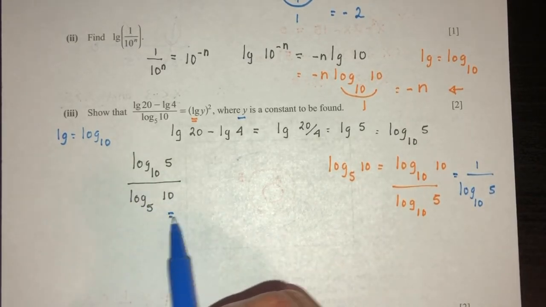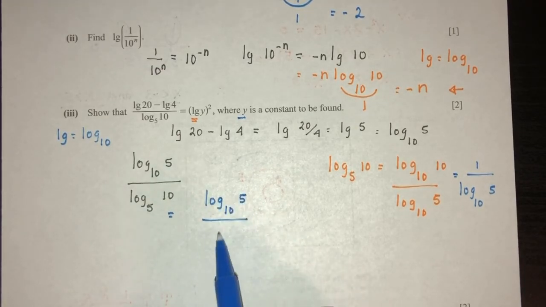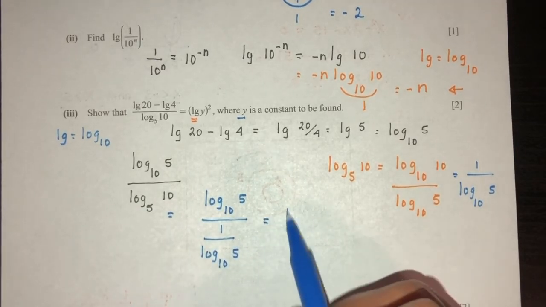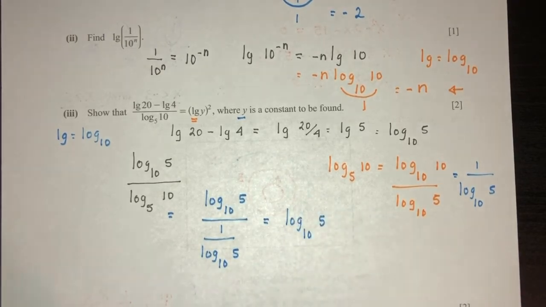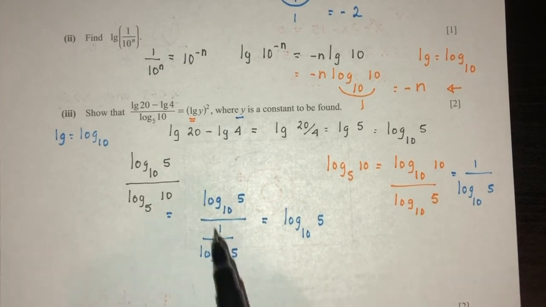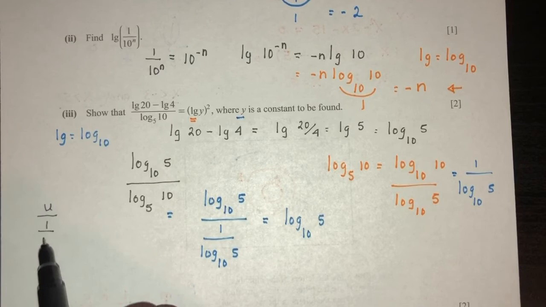So let's replace the values. On top you will have log base of 10, 5 divided by 1 over log base of 10, 5. So this will simplify to log base of 10, 5 squared. So just to explain, let's call this u. So you will have u over 1 divided by u.